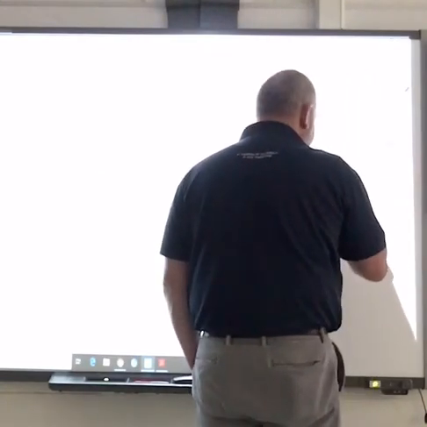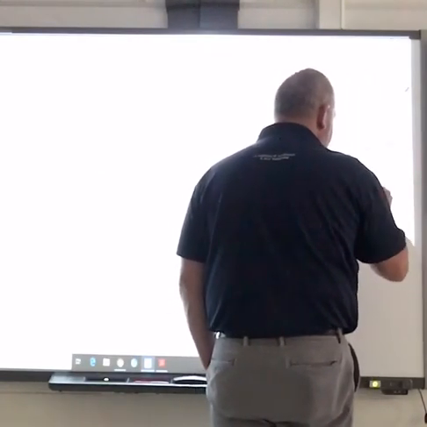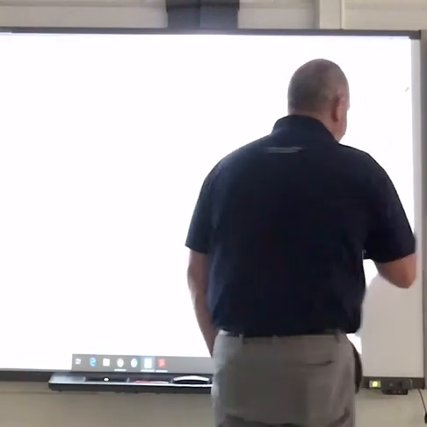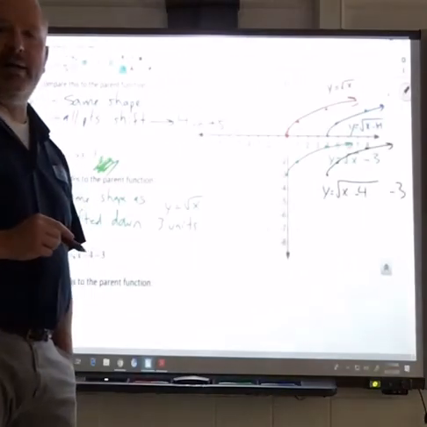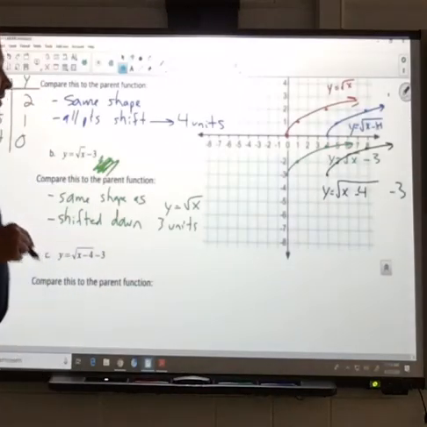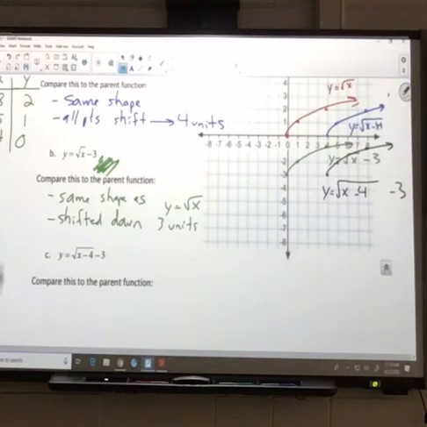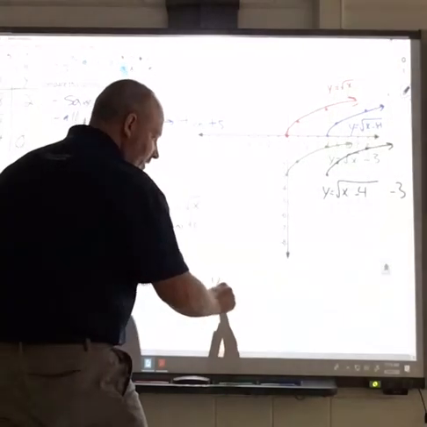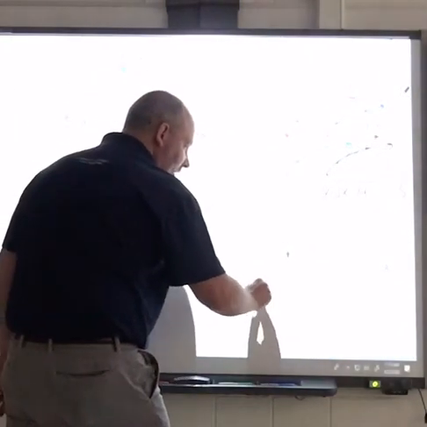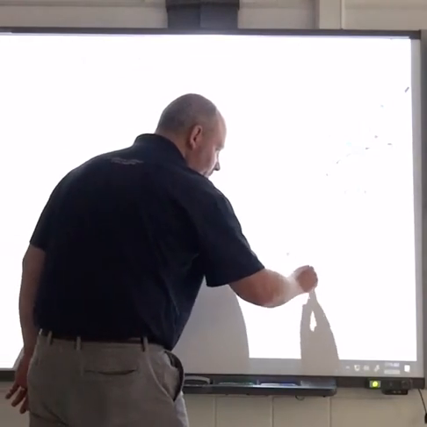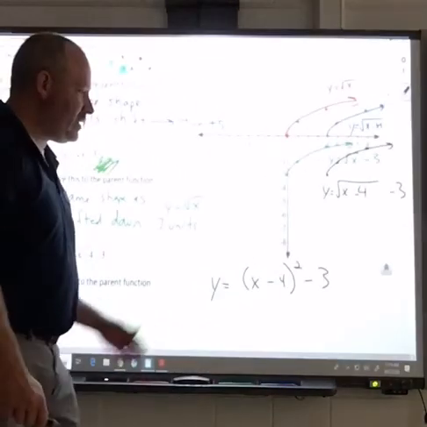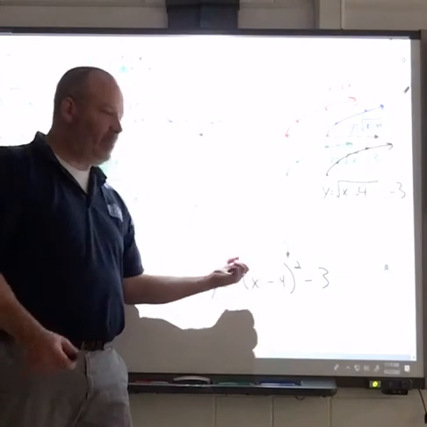Okay, and that's going to be y is equal to the square root of x minus 4, minus 3 on the outside. Okay? And that's really what's happening. Those are my two translation factors. And those happen exactly the same way. If I asked you to do this way back in grade 9, you would take the parabola and you would take probably its vertex, right?